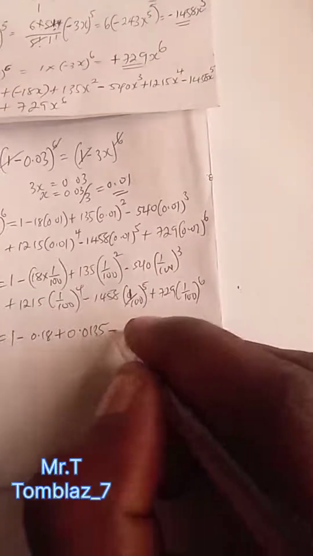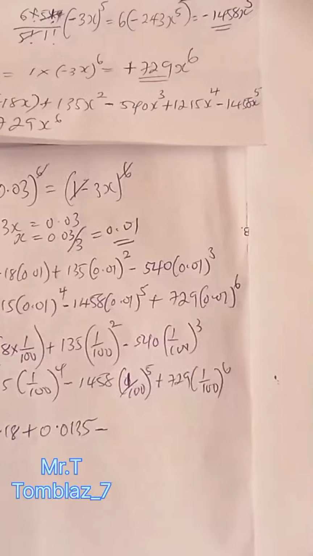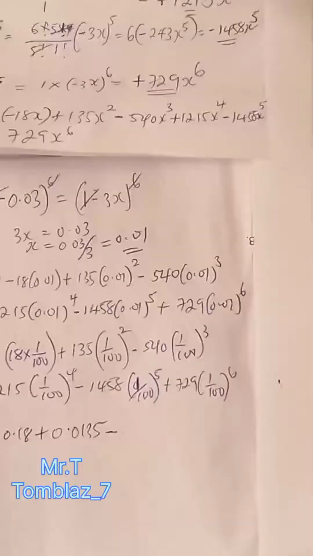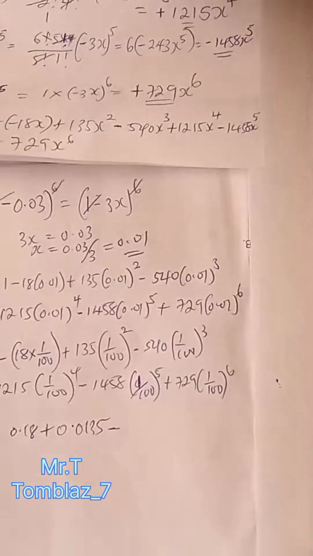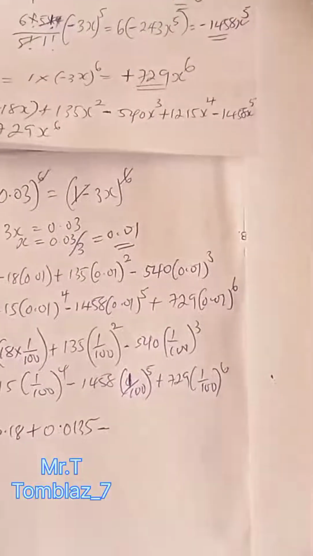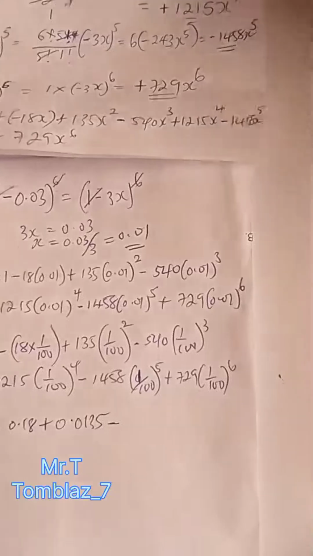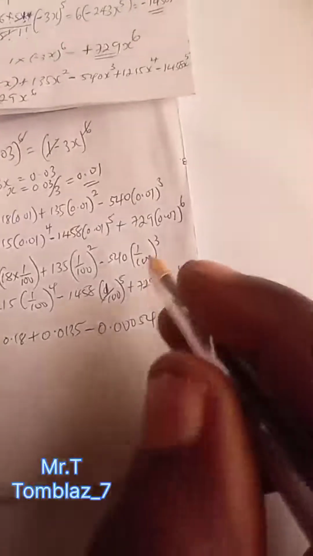For the next one, minus, so we're going to take this value and multiply it by this, right? So we're going to be having raised to the power of 3, equals to this, then times 540. So we're going to be having minus 0.00054.